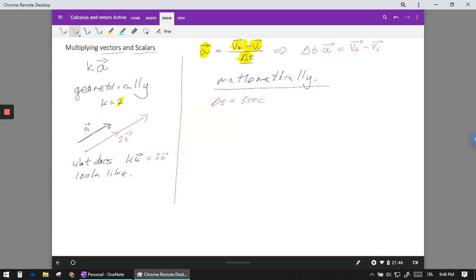And let's say I've got an acceleration of 4 meters per second squared east. Then what does delta t times A become? Well, it's 3 seconds times 4 meters per second squared east.